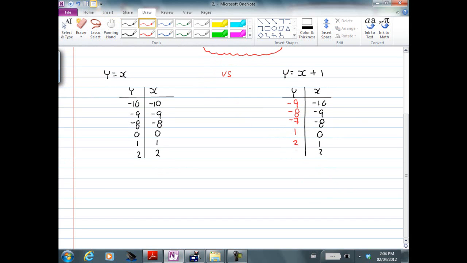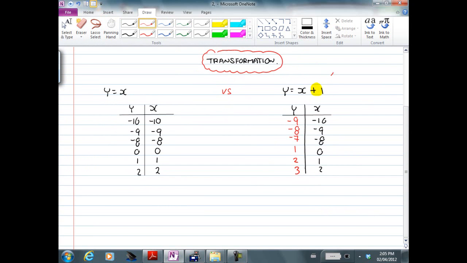This is 2. This is 3. I want you to circle one thing, this plus 1. Look what it does. It shifts the y value. It doesn't shift the x. It shifts the y value up 1. That's what it does.